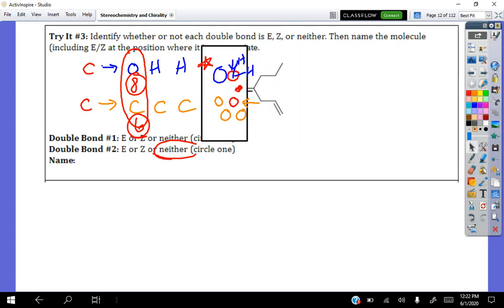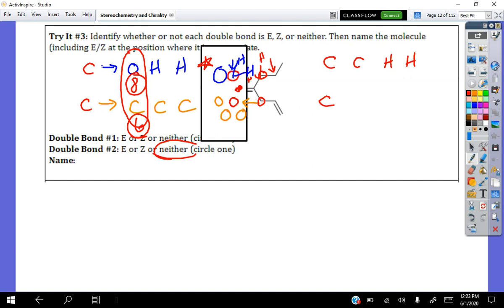And we're going to use a similar process on this side. So I see my first element in each one is a carbon. So I need to look at what those carbons are attached to. I see that it is attached to a carbon and then again two hydrogens up top. So carbon, hydrogen, hydrogen.